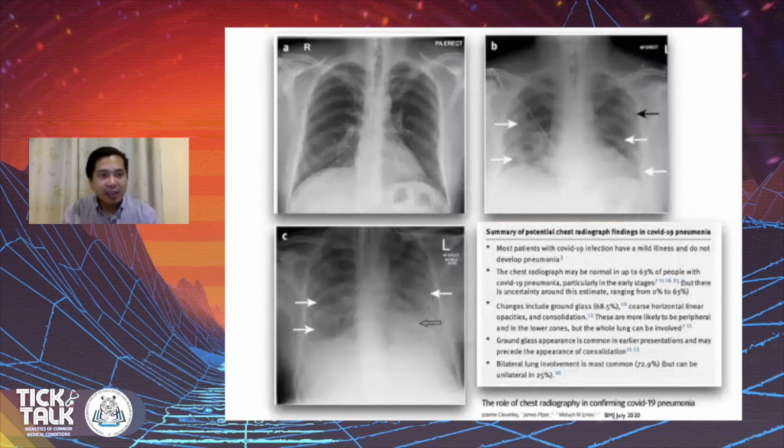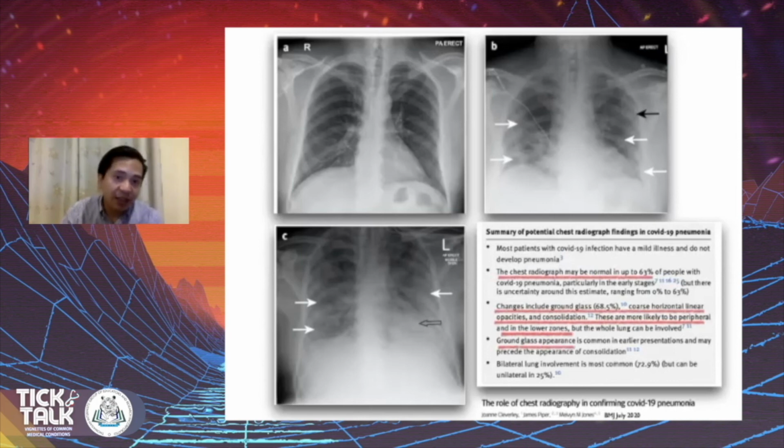Some findings include ground-glass opacities, coarse horizontal linear opacities and consolidation, okay? And these are more likely to be peripheral and in the lower zones. And bilateral lung involvement is most common, okay? But it may be unilateral in 25% of cases, although so far I always see bilateral involvement of the lungs.